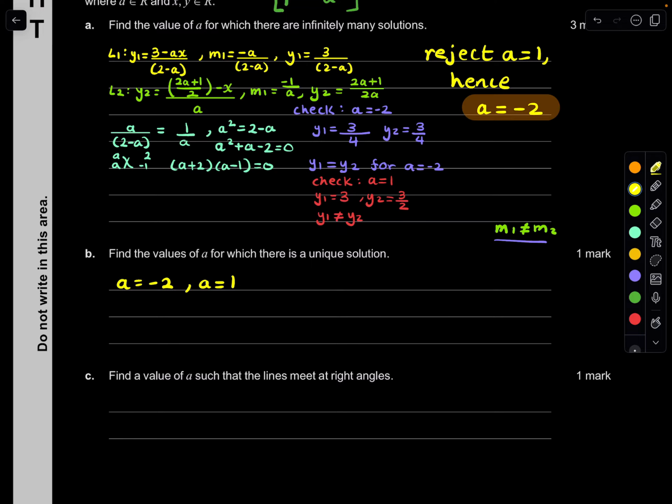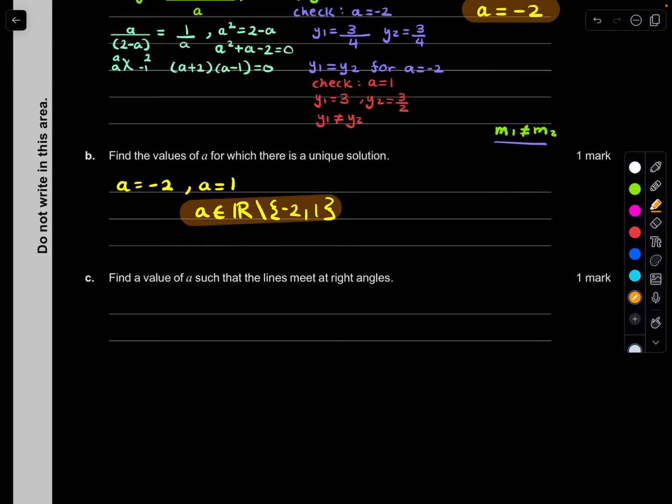Because if these values are put in there, they're going to make sure that we have the same gradient, which is a big problem. So basically, our answer is all reals, so all values except these two. So let's write that down. A is an element of all reals, so all numbers, except -2 and 1. Beautiful. Nice. So that is that one here.